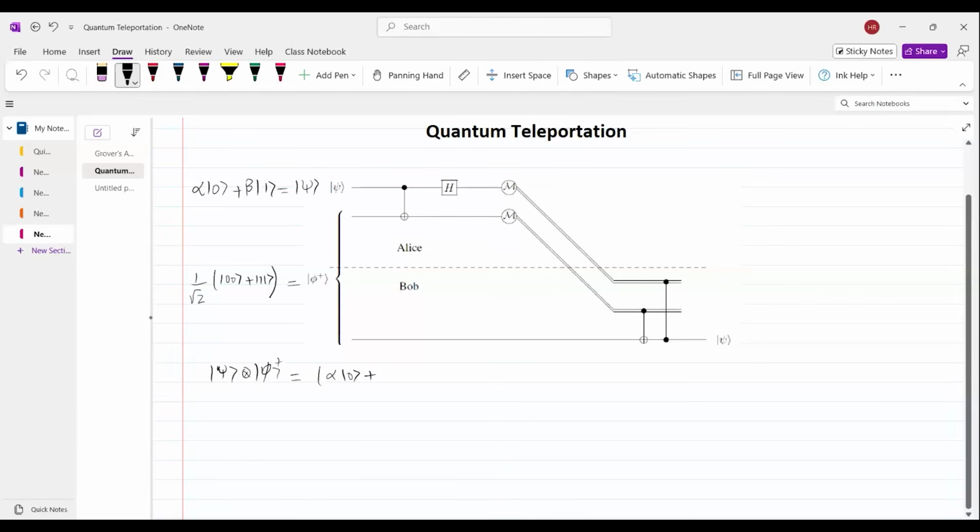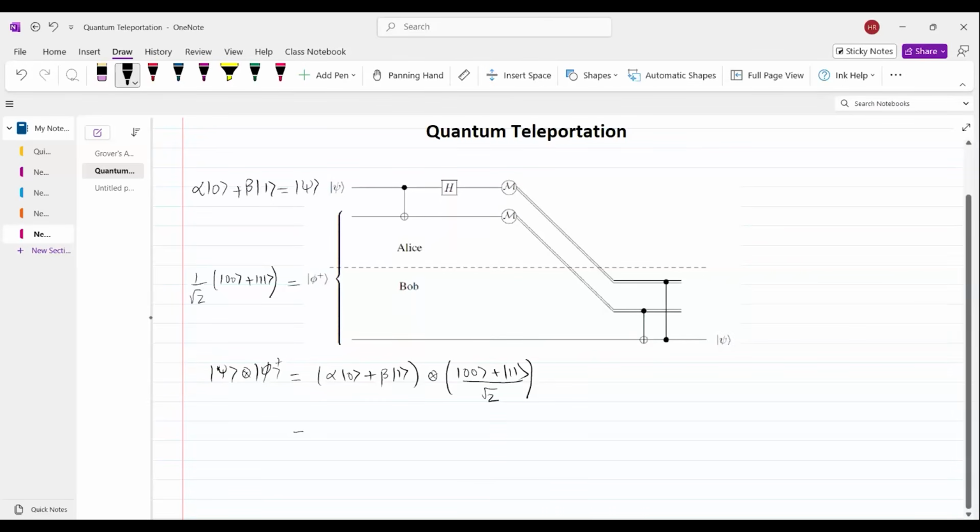Where psi is just alpha 0 plus beta 1, tensor product structure. Then we have 00 plus 11, which is the Bell pair, right? So sometimes I'll be writing just directly without tensor product, and essentially we can assume that when I'm writing 00, there exists a tensor product structure between 0 and 0.